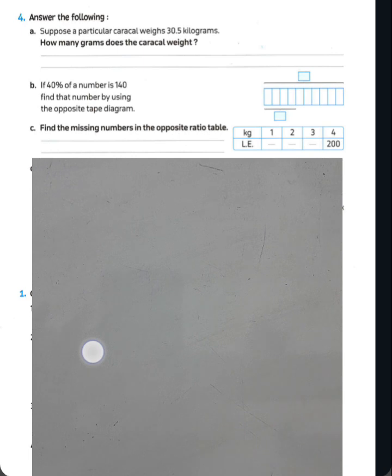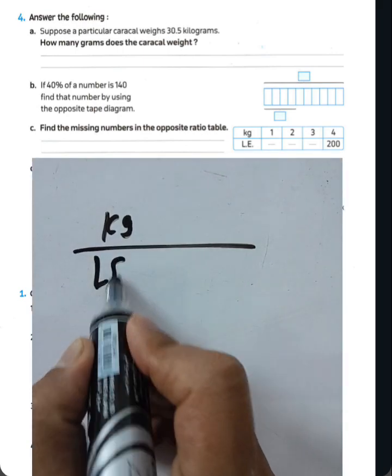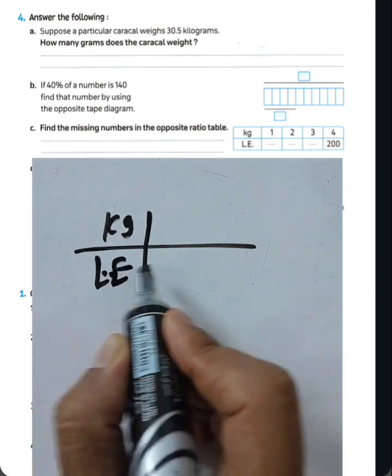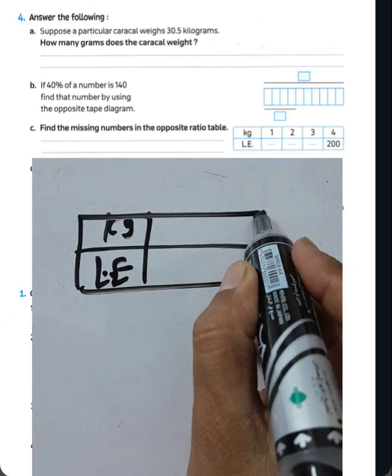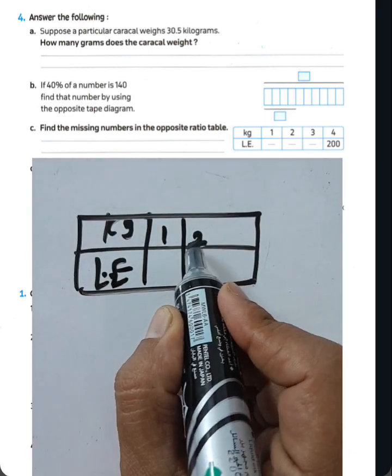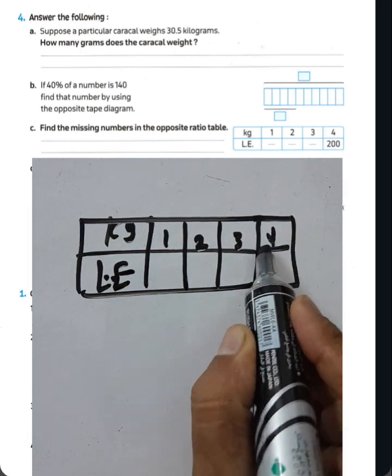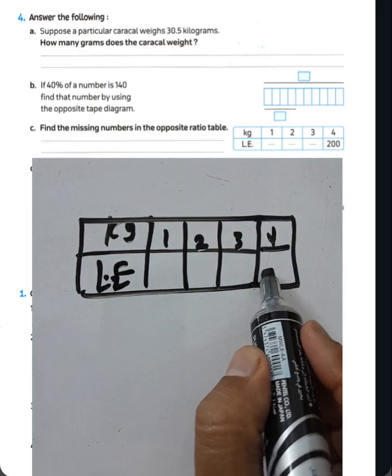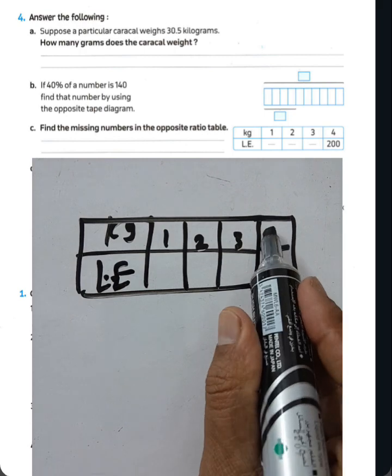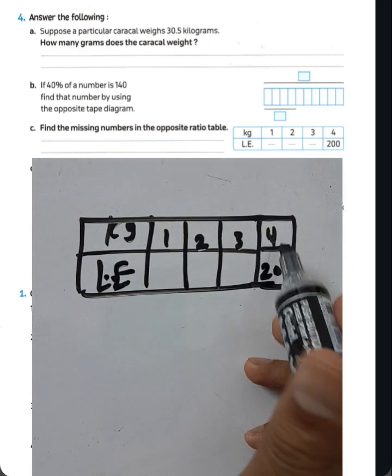Next question. Find the number in the opposite ratio, comparing between kilogram and Egyptian lira. 1, 2, 3, 4. 200 divided by 4, we can find the unit rate. 200 divided by 4 equals 50.